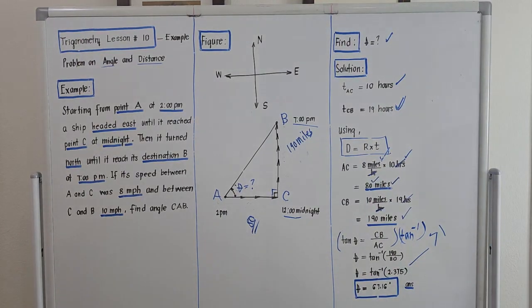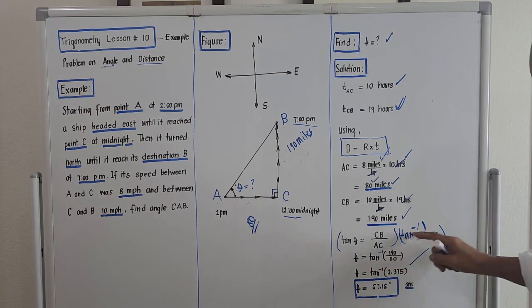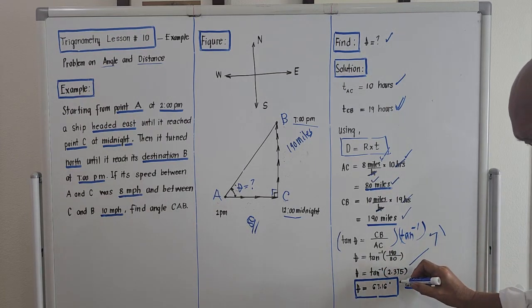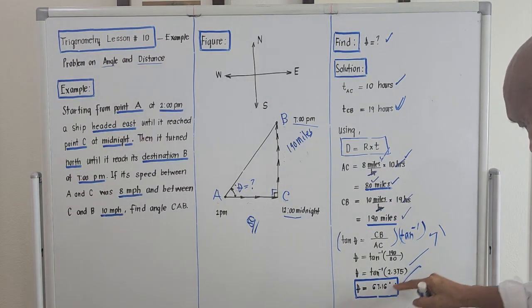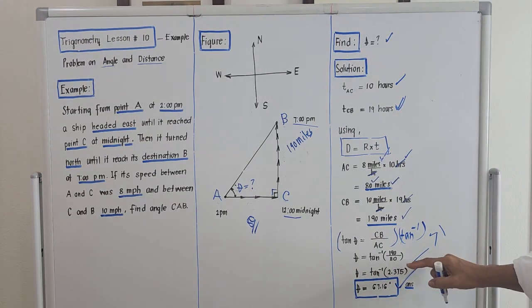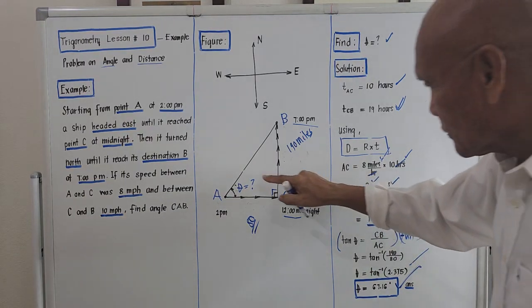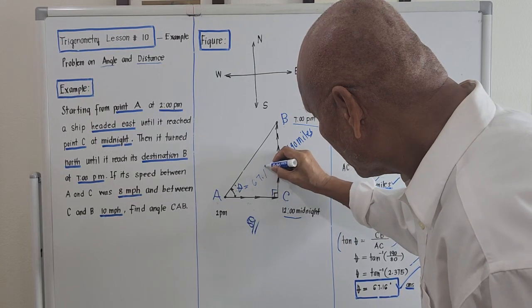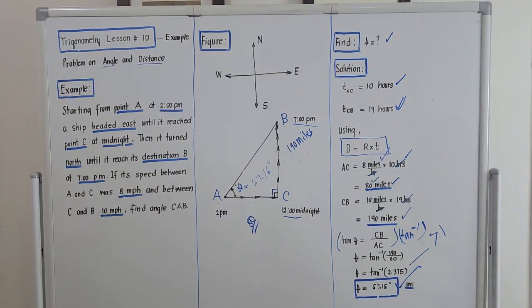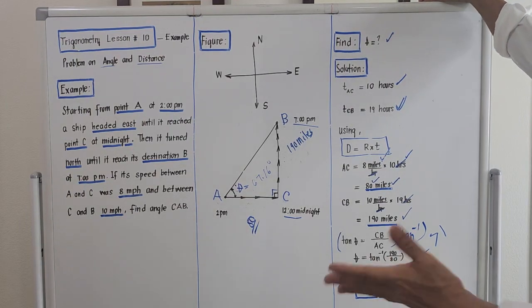So if we bring out our calculator, press 2.375, press arctangent, what will come out will be 67.16 degrees. It is greater than 45 degrees. So this is 67.16 degrees. Okay, that's it.